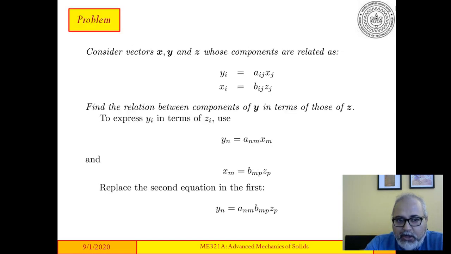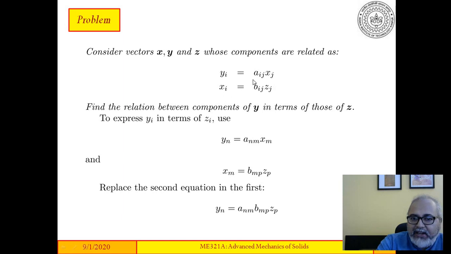Let us do a small problem. This is just a use of the summation convention. So I have two equations. One is y given in terms of x's and x given in terms of z. So what we will have to do is express y in terms of z.